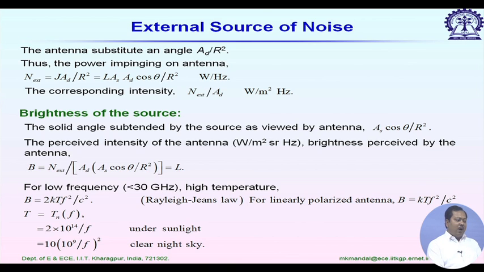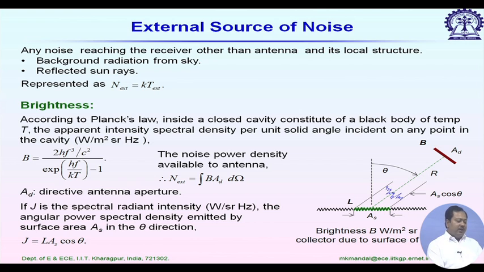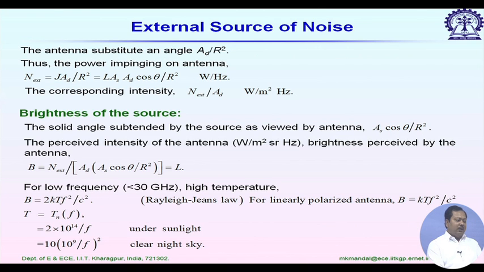Then the total power impinging on the antenna, which is N external. For that we have J per unit solid angle, and we multiply it by the total solid angle subtended by the antenna. So this is J AD by R square.